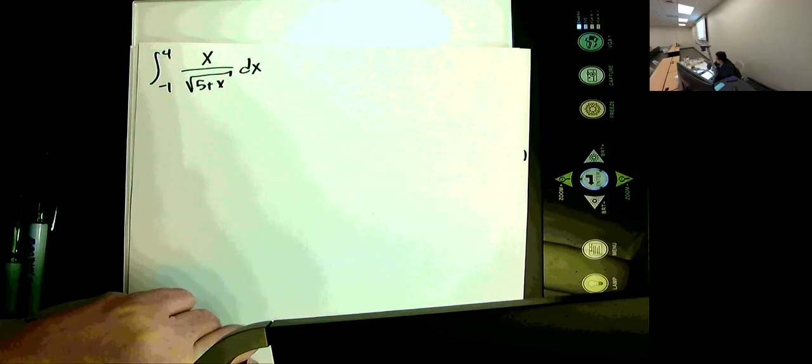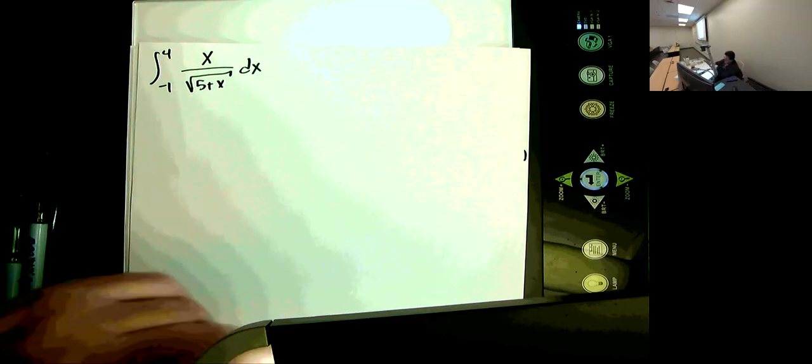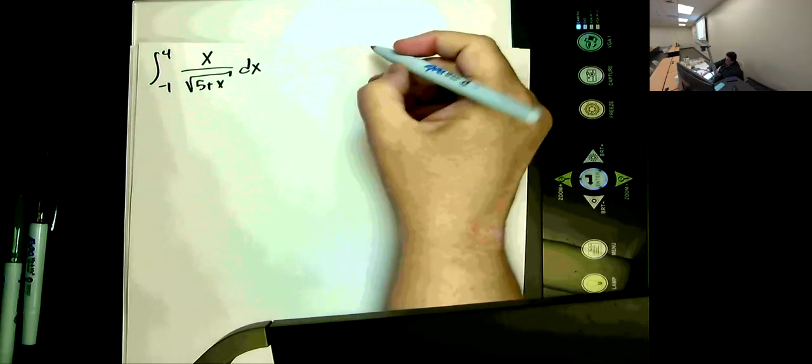Any ideas? Let's try the denominator, see if that helps us.